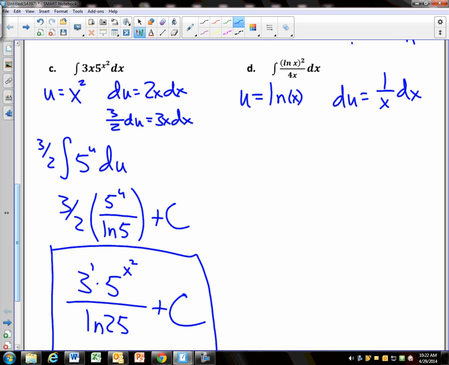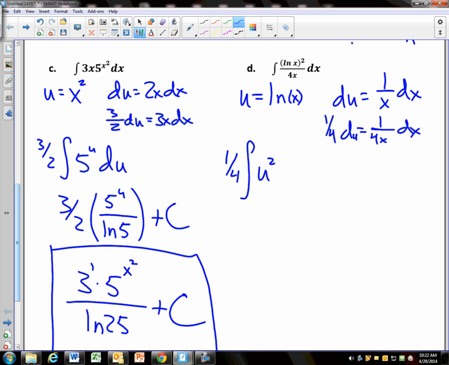But I need a 4 in the denominator, so I should multiply by a fourth. du is equal to 1 over x dx. Whoop. Sorry about that. 4x dx. So I have 1/4 times the integral of what goes in the top.